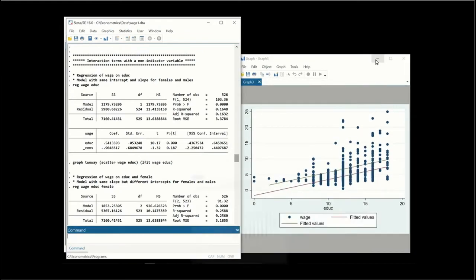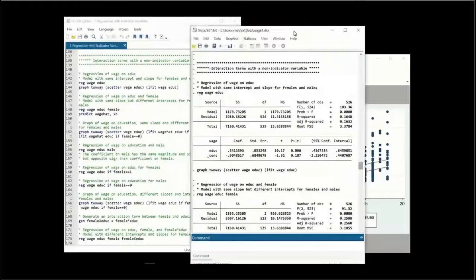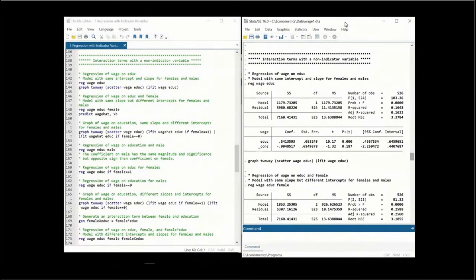Okay, so now instead of just estimating one regression for males and females, what we can do is estimate a regression of wage on education and female. And so this model would have the same slope on education, but it would have different intercepts for males and females because we have female included separately here. So we can predict, we're going to call it wage hat, comma xb.